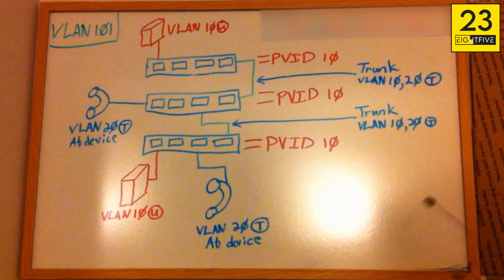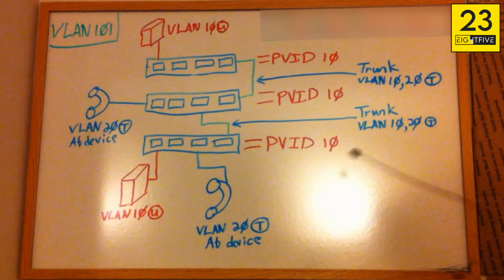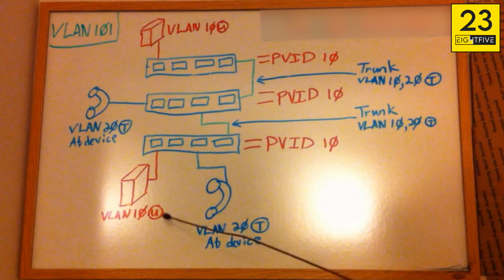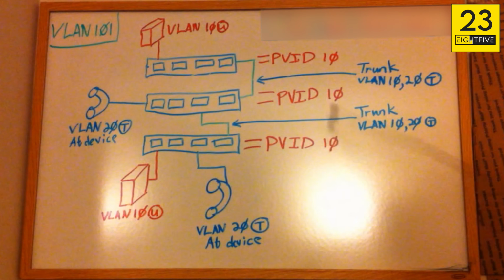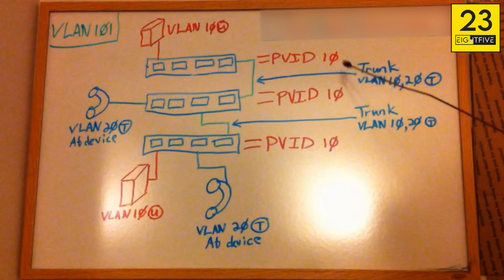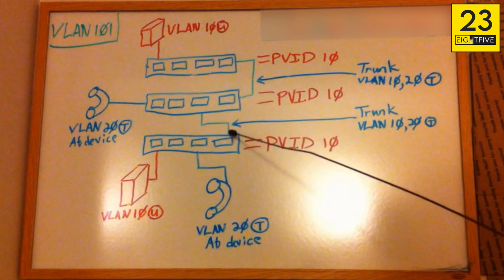Now, what I did in this diagram was basically separate the phones from the computers, and then change the default PVID on each switch, and then allow all the VLANs to be passed in between each switch.